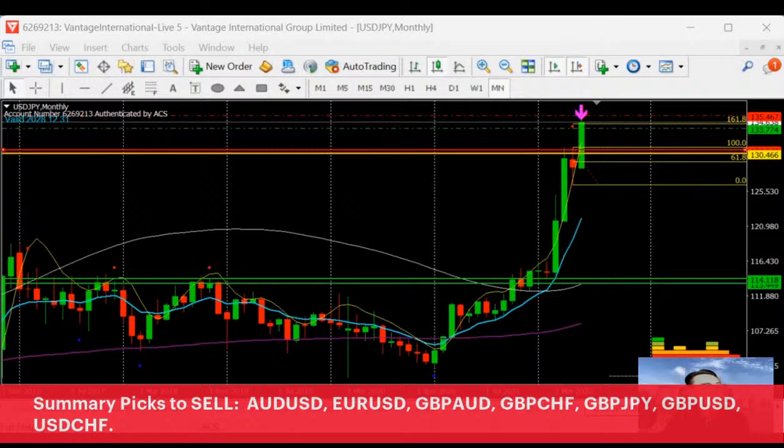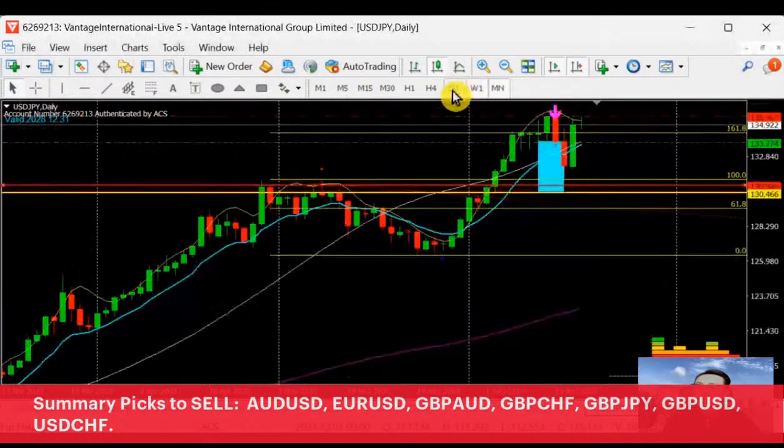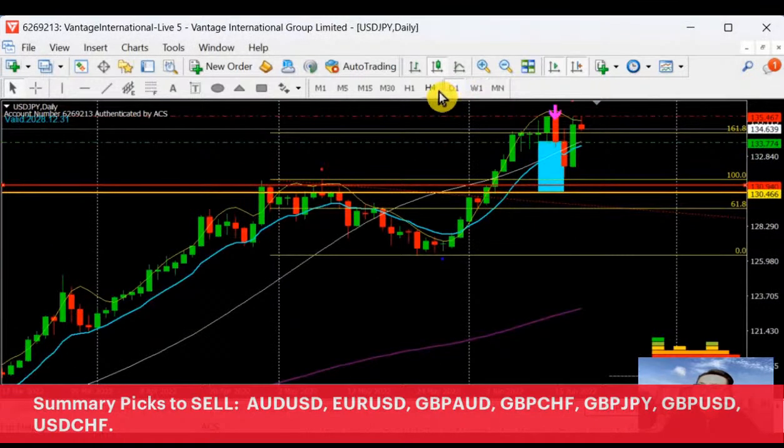Okay, so right now, understand this. Let's take a look somewhere over. Pound dollar rising. Yeah, pound dollar is rising.